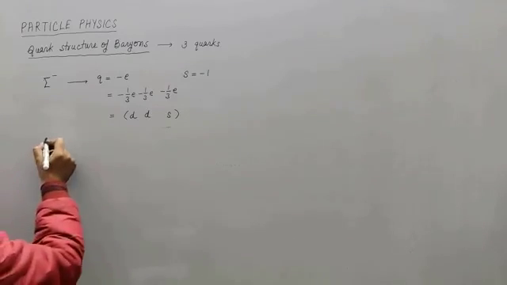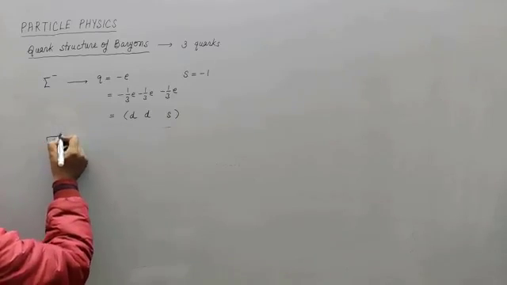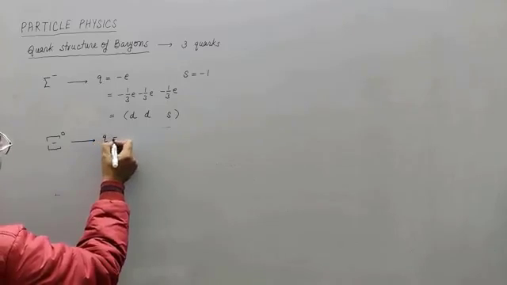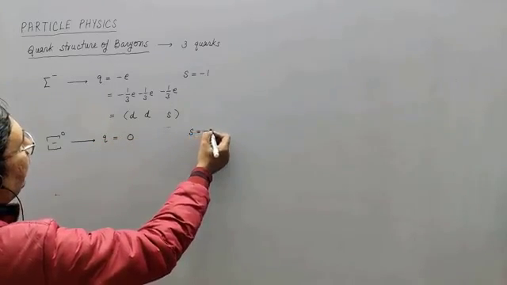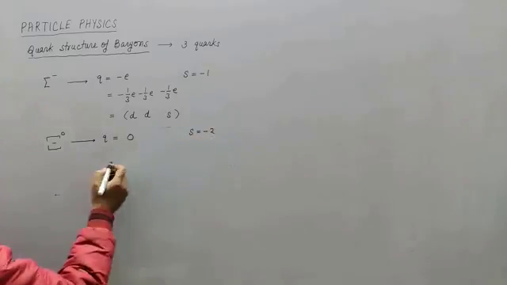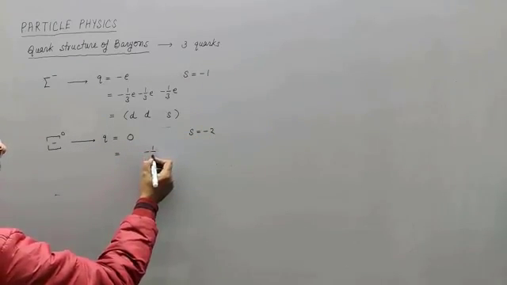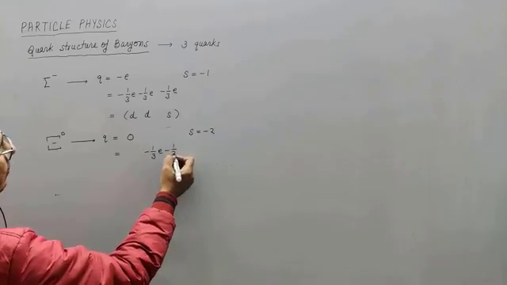Now cascade naught. Total charge on this, Q, is equal to 0. But strangeness number is -2. Because strangeness is -2, automatically two strange particles will be involved here. This will be -1 by 3, -1 by 3.